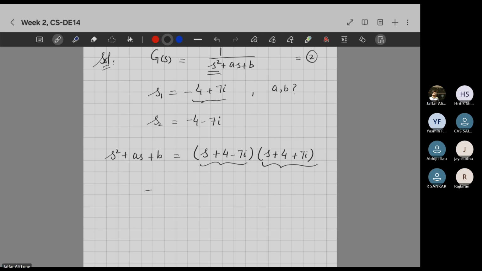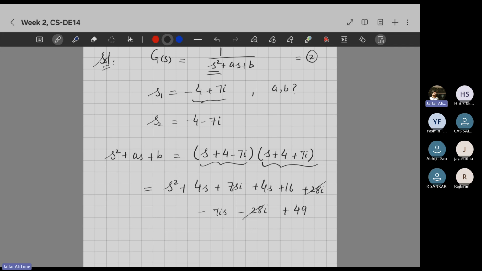We get s square plus 4s plus 7is, plus 4s plus 16 plus 28i, minus 7is minus 28i plus 49.